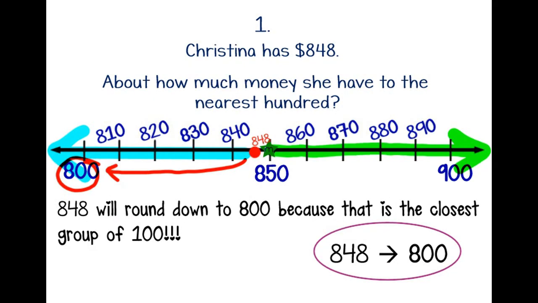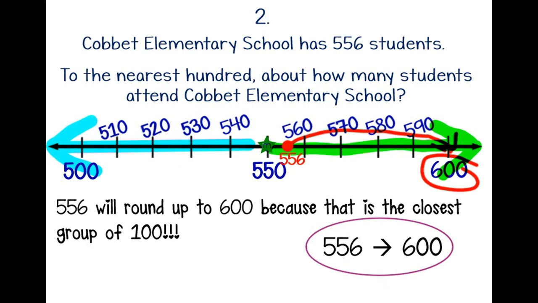Number 1, 848 will round down to 800 because that is the closest group of 100. Number 2, 556 will round up to 600.